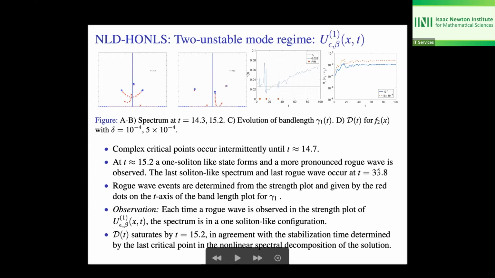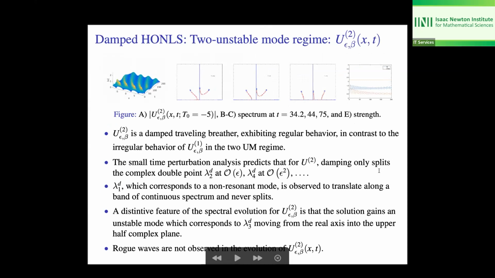Okay. So the next example in the two unstable mode regime is for U2. U2 is another single mode SPB, and it's associated with the second complex double point.